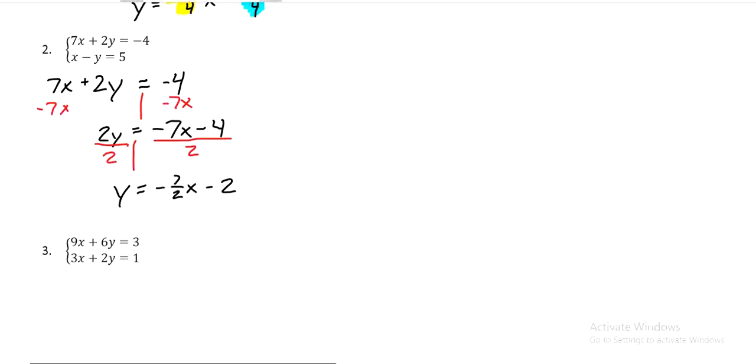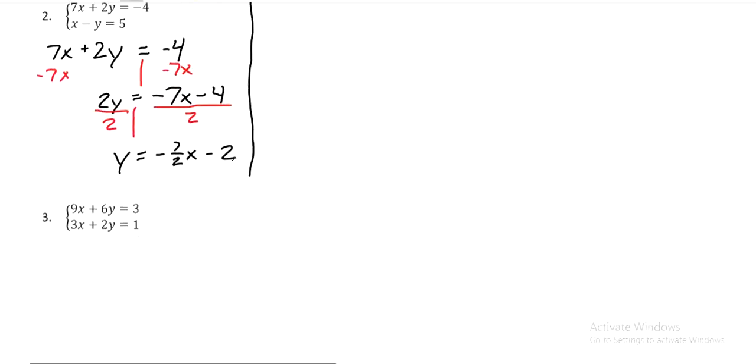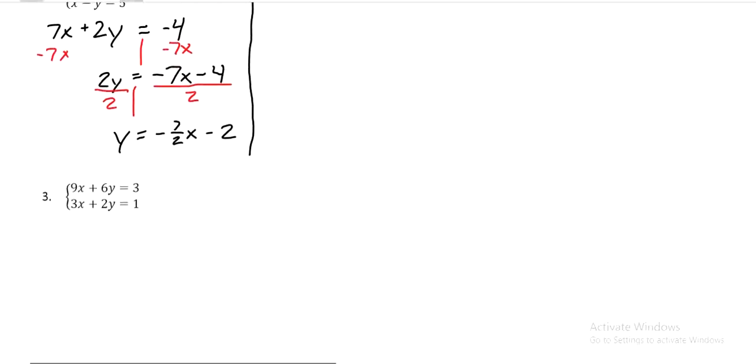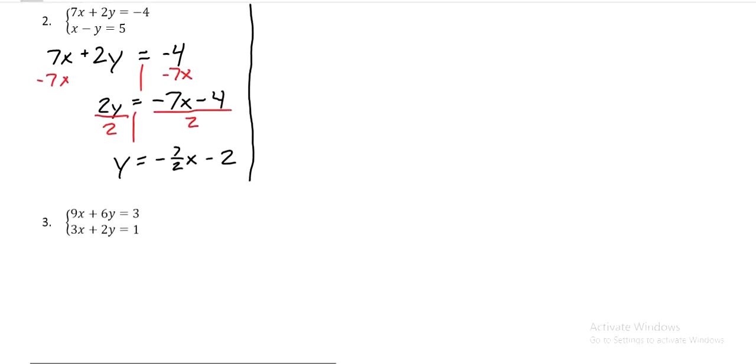So there we have it in this one. Let's get our other equation into y equals mx plus b. Our other equation is x minus y equals 5. We have to subtract x first.